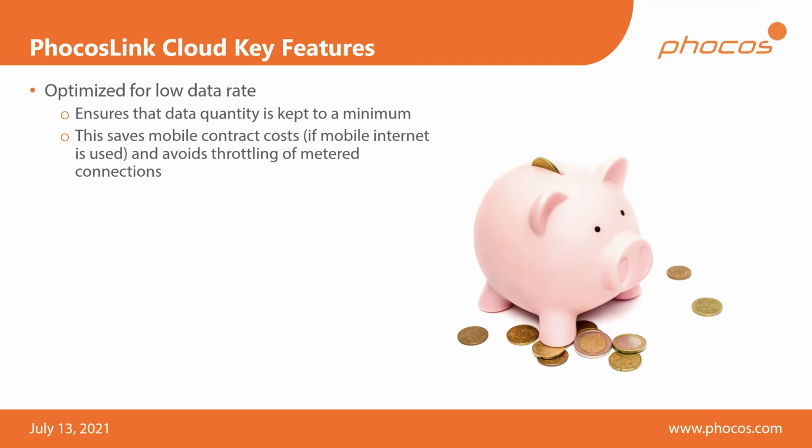Also, a point I'd like to make here: some people may ask why we don't have a 3G or 4G solution or something like that. We've purposely tried to stick to the most common technologies, which is Wi-Fi and Ethernet for the local area network.